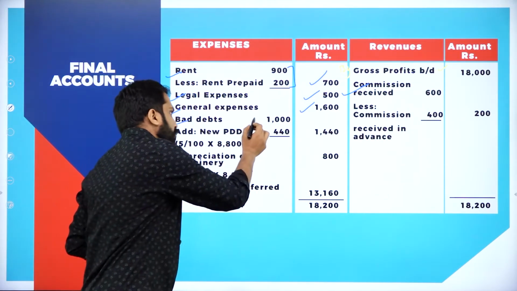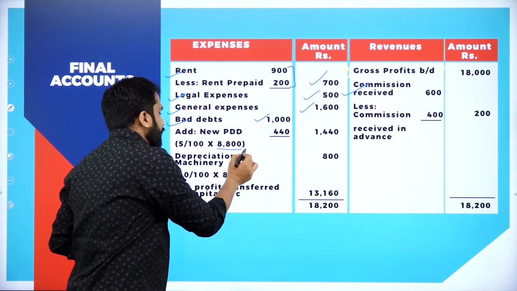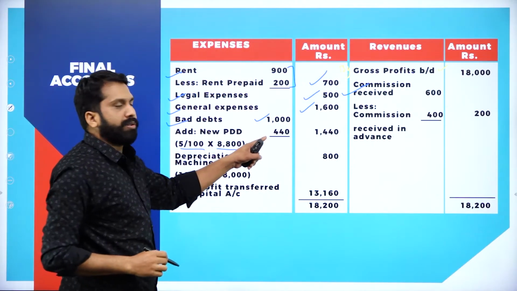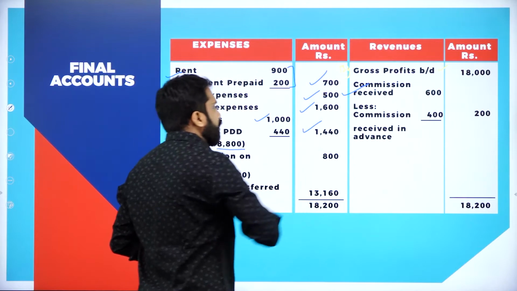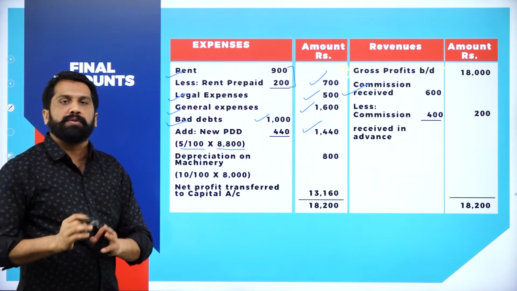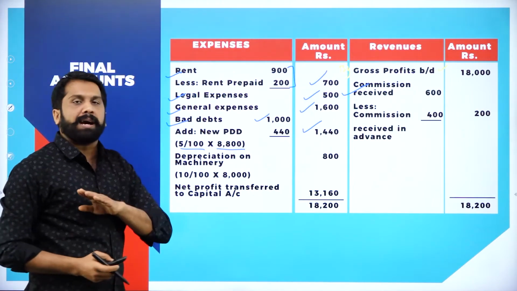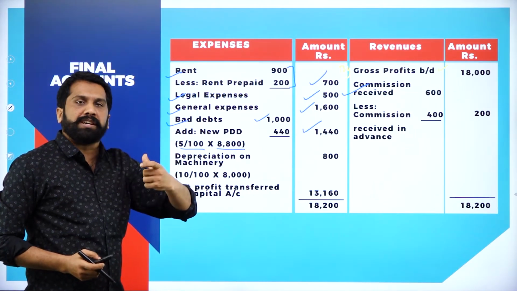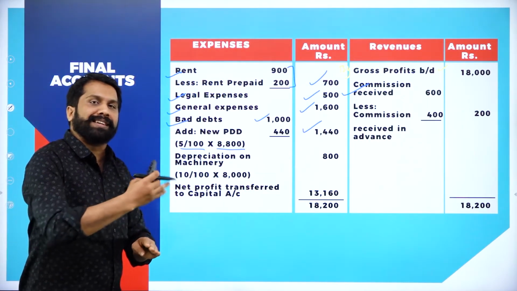Bad debts 1000, new PDD 8,800 into 5%, you got 440. What is the total? 1,440. Hope you understood. Now, 1, 2, 3, 4 completed. As per this statement, we took 4 and we completed. Now come to the credit side.